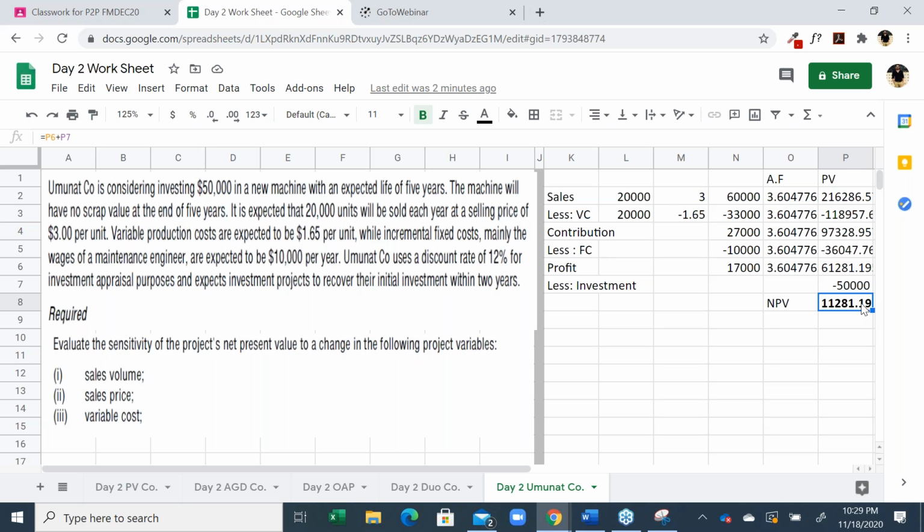Increase or decrease? Decrease, right? Yep, it will decrease. If the sales volume goes down, it will reduce your net present value because your income will be reduced, and as a result your net present value will be reduced, right?